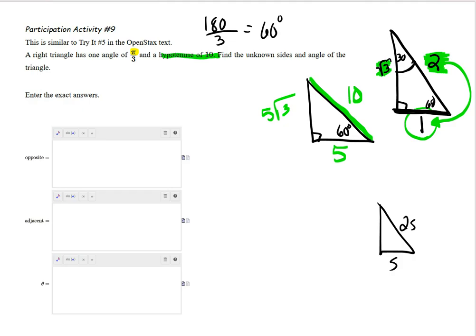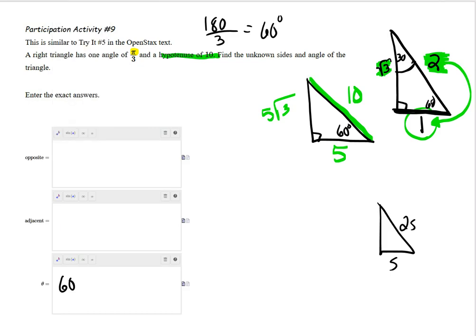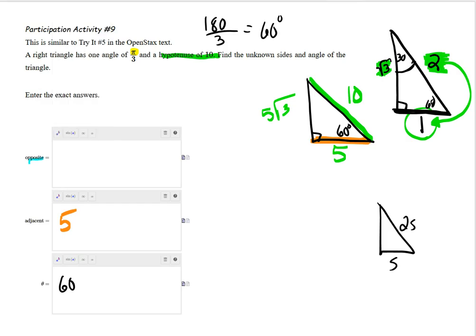Anyway, so pi over 3 is the 60-degree angle, so theta should be 60. And then the adjacent side to that 60 degree is this right here, so adjacent should be 5. And then the opposite would be this here, because this is across from that angle.